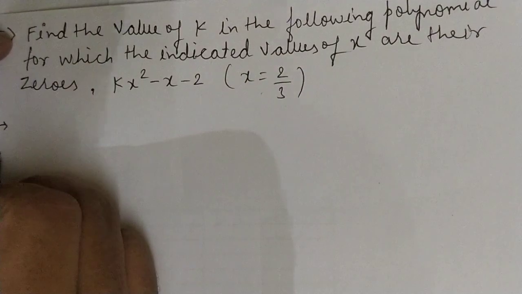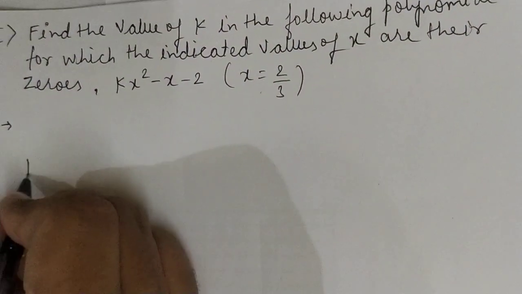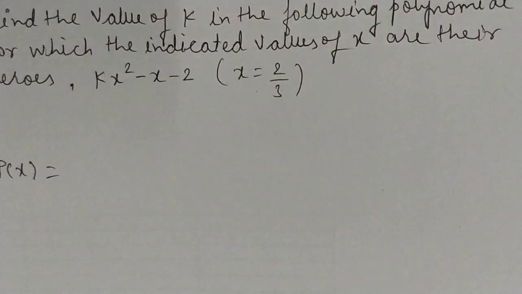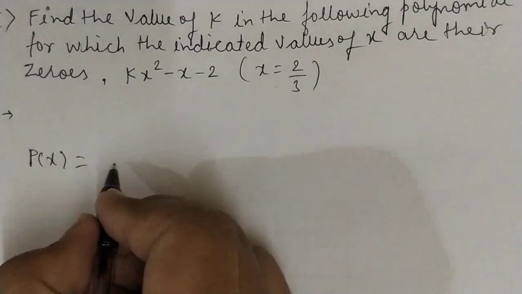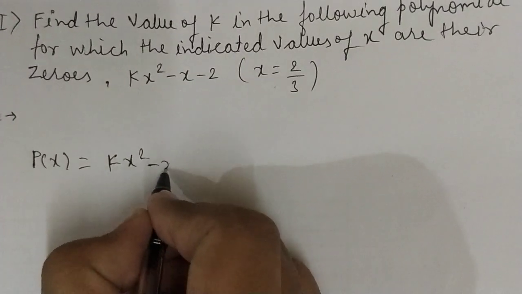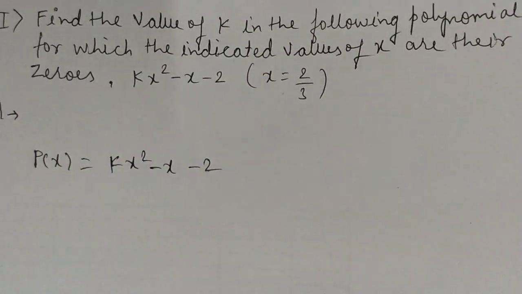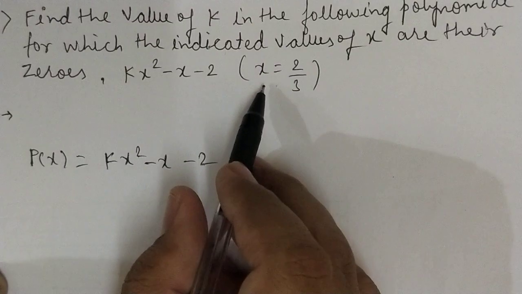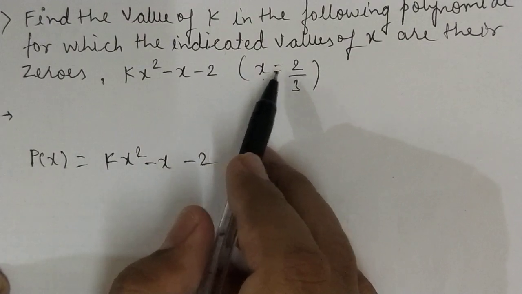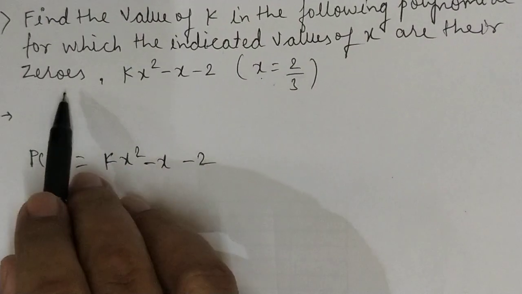So first we will write p of x is given, kx square minus x minus 2.